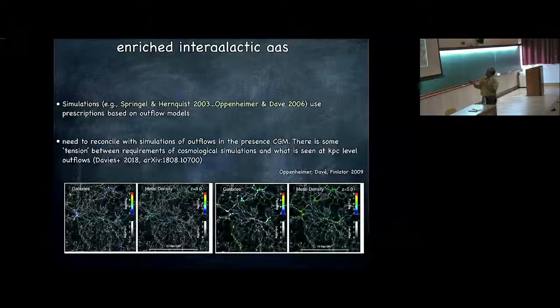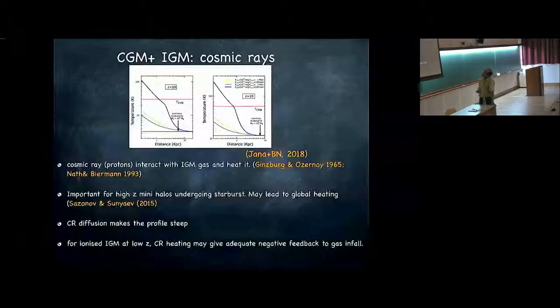A recent arXiv paper brought out that there is a tension between what is required from cosmological models of enrichment of the IGM and what is known from outflows at the 10 kiloparsec level. So one has to bridge this gap between CGM and IGM, from 10 kiloparsec to 250 kiloparsec and beyond. That's something to look forward to in the next decade.